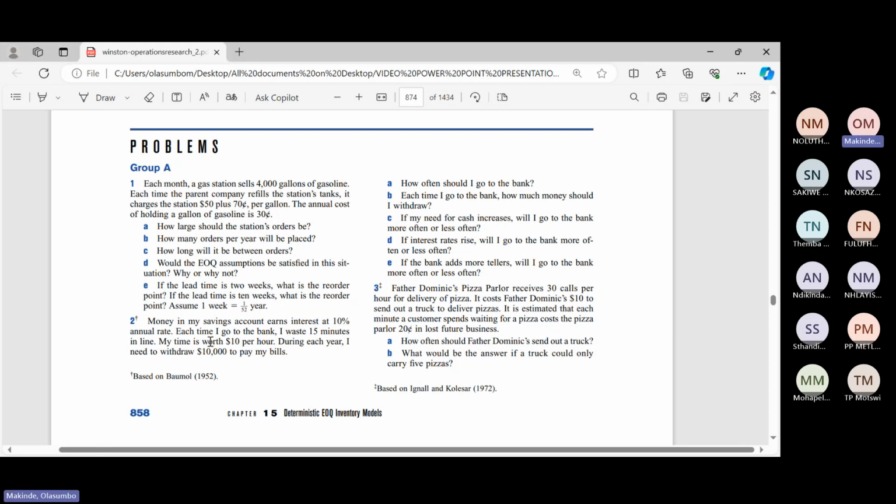So let's look at the next thing. Who can tell me what is the K? How do you get K from here? Because I know I need to withdraw money, and the question is asking me how often should I withdraw money? So if I need to withdraw money, that is looking at it in terms of me going there to order. So who can tell me what will be my K in terms of me ordering my money?